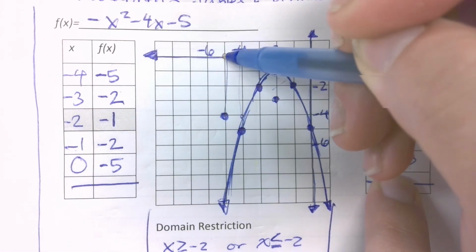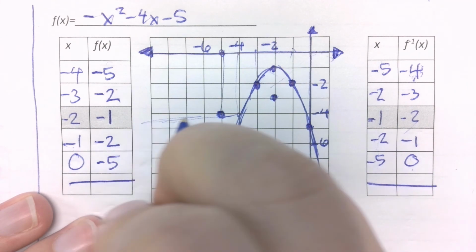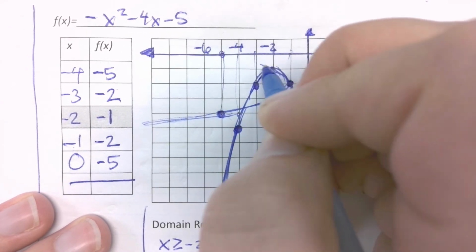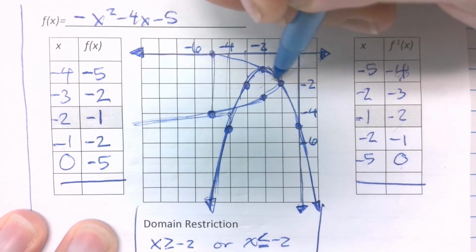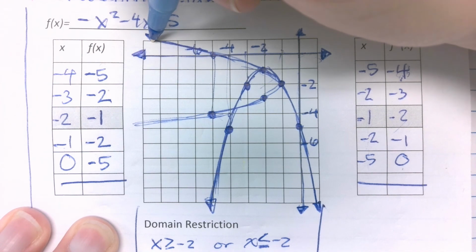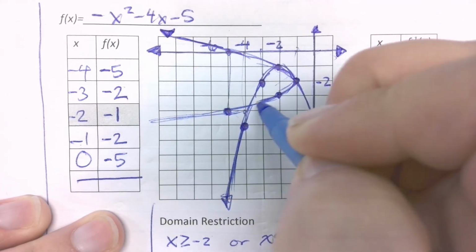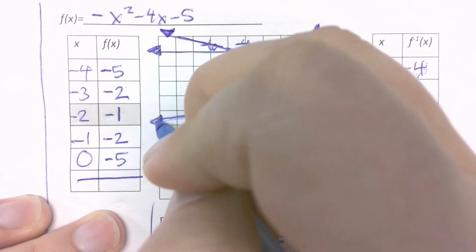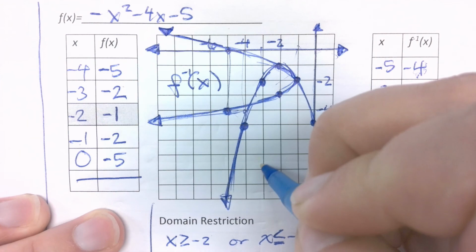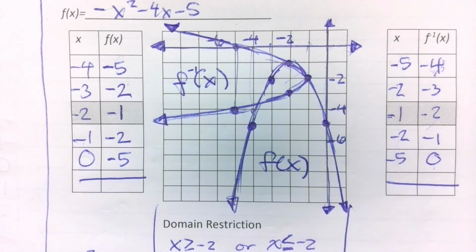Left 5, 0. So that's kind of a tricky draw, isn't it? Kind of tricky to draw those where they're crossing on top of each other. Label this one as your inverse function, and label this one as your regular.